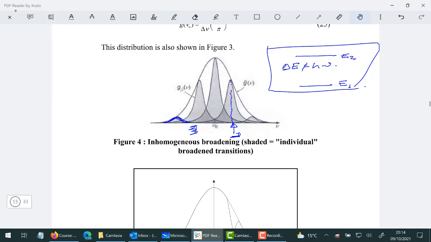It's only atoms which are around about the frequency that we apply that will actually do any interaction. So it means that when we apply this idea of having lots and lots of atoms in level 2, and we're putting in more and more light to get more and more stimulated emission, then it will saturate in a much different way.